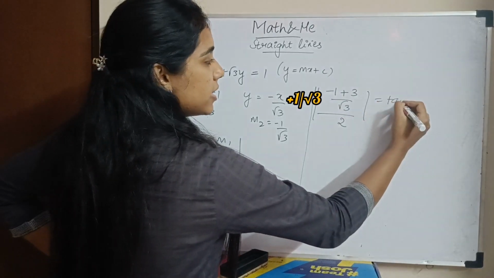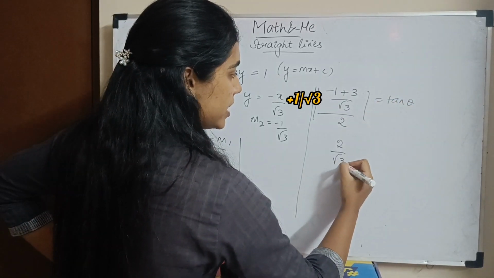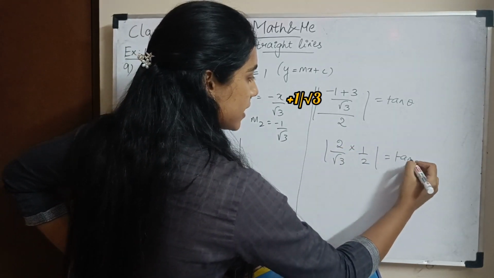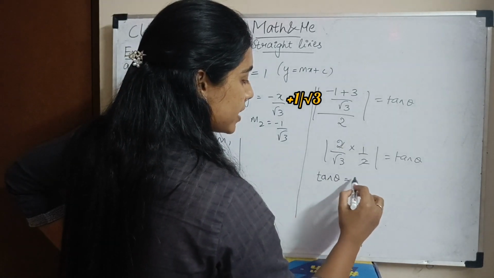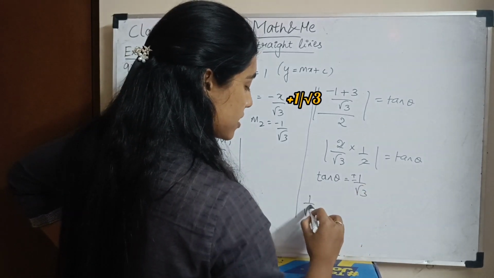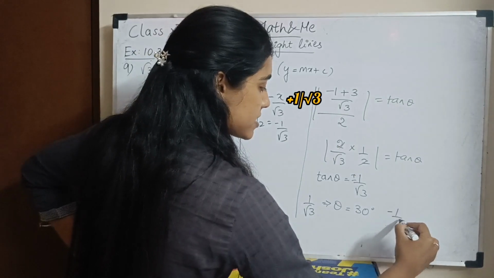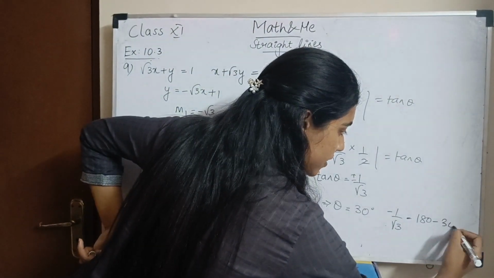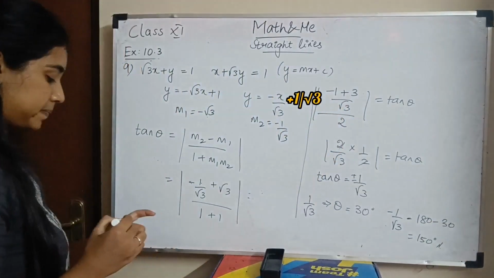So that's my tan theta. So what do I have? 2 divided by root 3 times 1 by 2 equals tan theta, cancelling the 2 and 2. So tan theta equals 1 by root 3 plus or minus. So if it's plus 1 by root 3, then theta is 30 degree. If it's minus 1 by root 3, it is 180 minus 30, which is 150 degree. Okay.